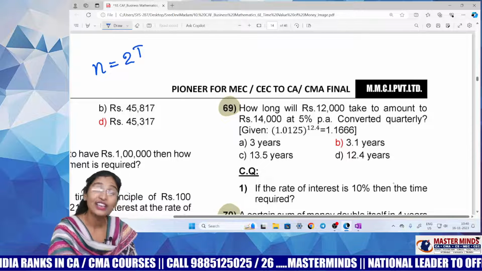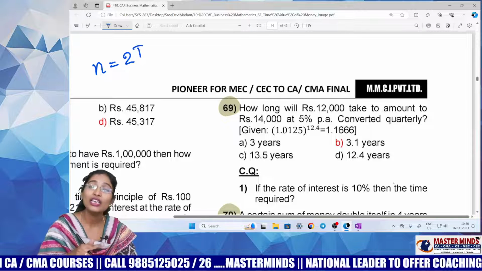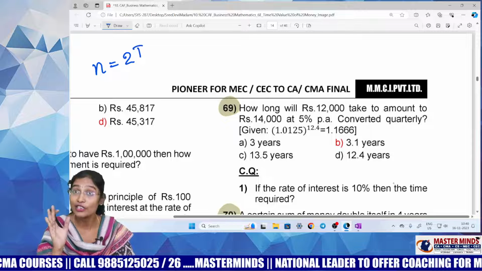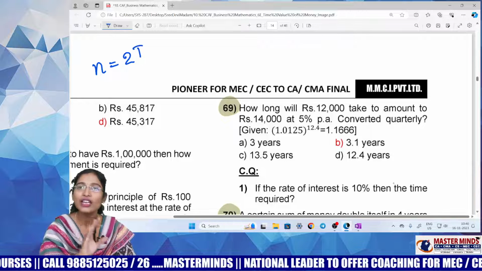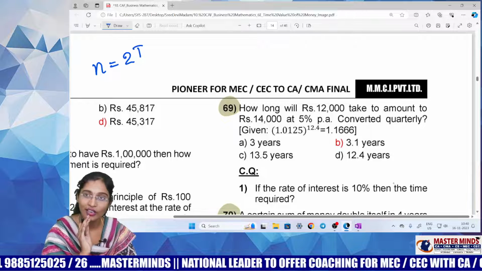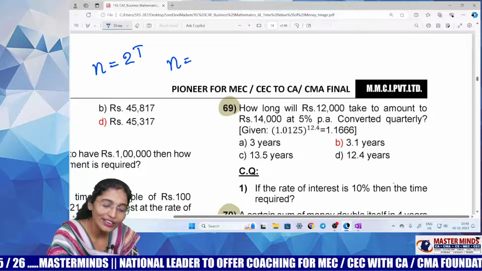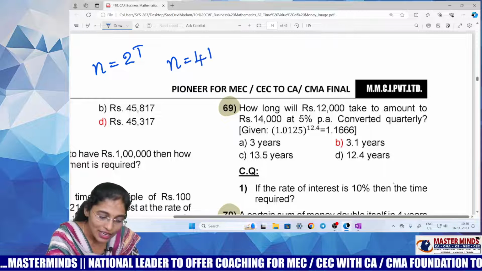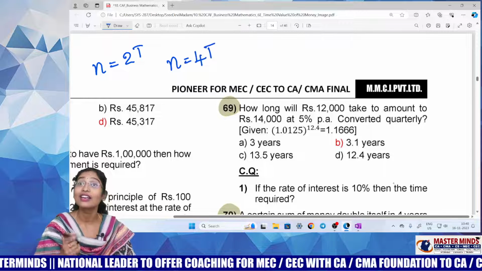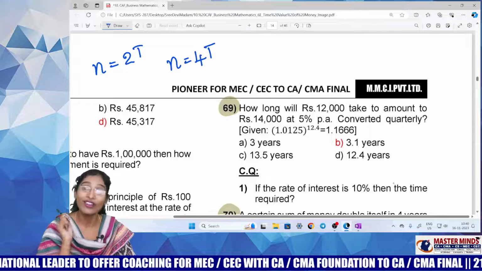Remember, t is the time in years, and 2t is the number of half years, not the number of years. Likewise, if the compounding is done quarterly, you replace n equals 4t. t is the time in years, 4t is the time in quarters.